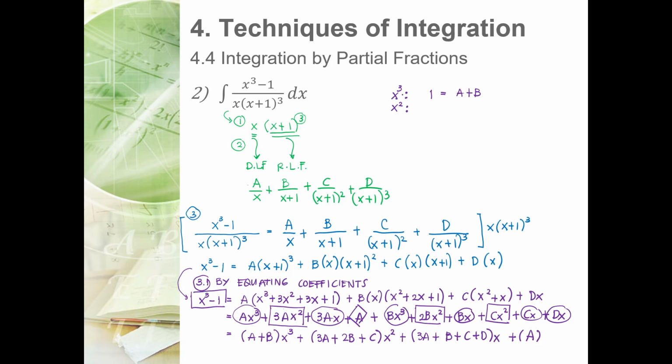Since there's no x squared term on the left side, this one is 0. On the right side, since we have an x squared term, that's 3A plus 2B plus C.